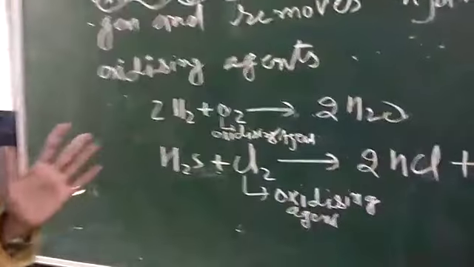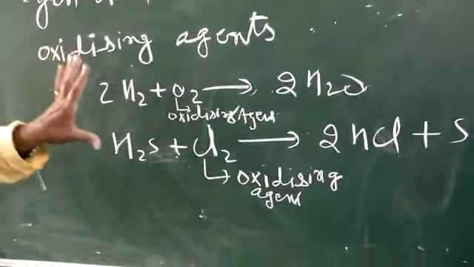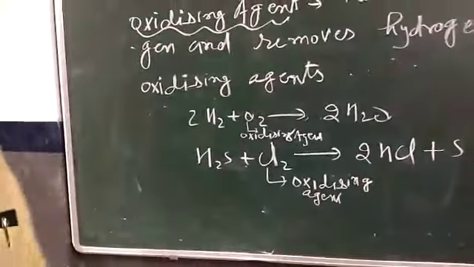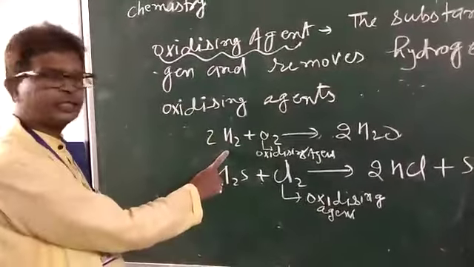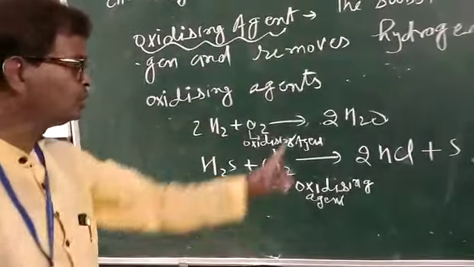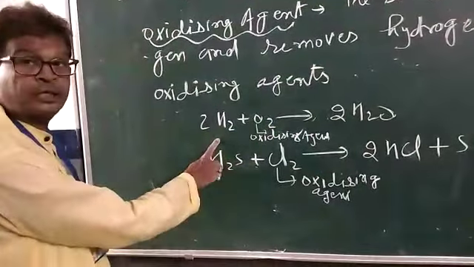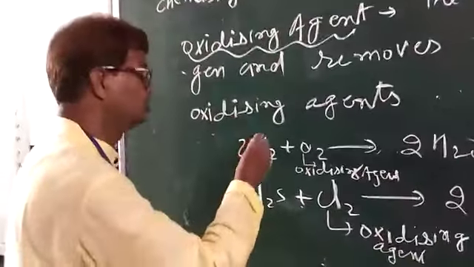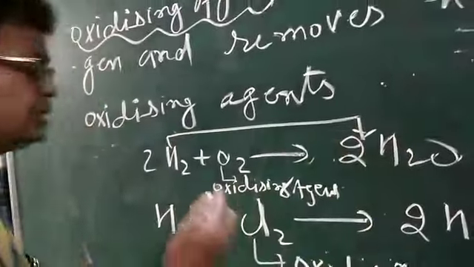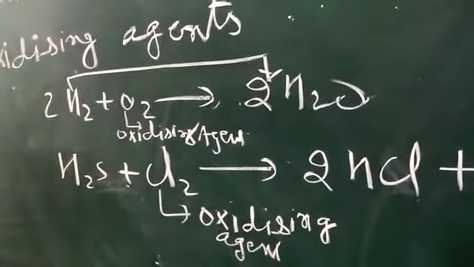See the example. The concept will be clear with the help of these two examples. See here, in this reaction, hydrogen reacts with oxygen to obtain water. In this reaction, oxygen is added to hydrogen.